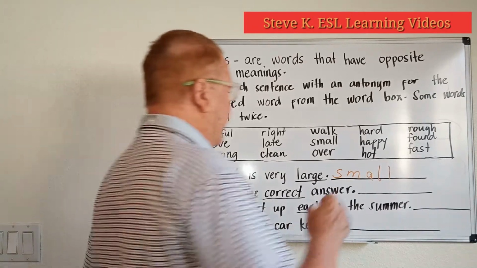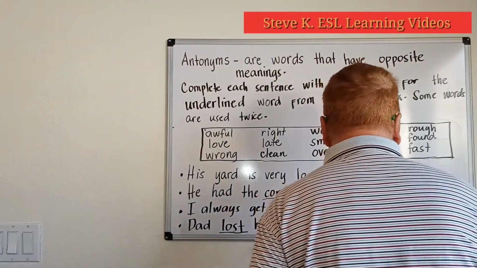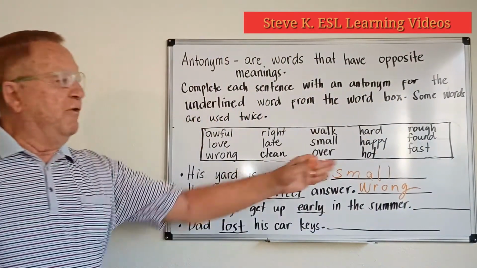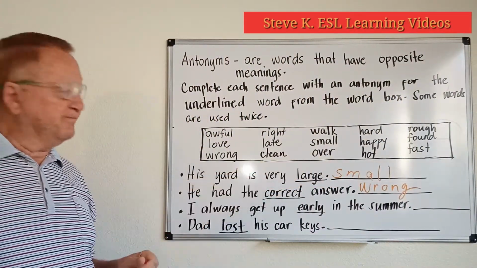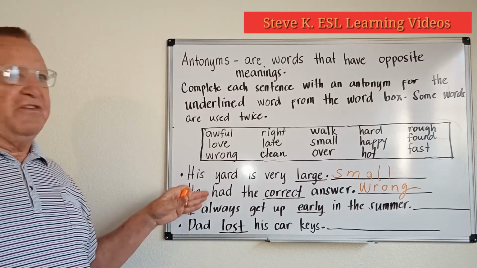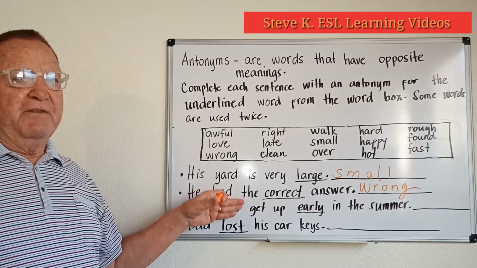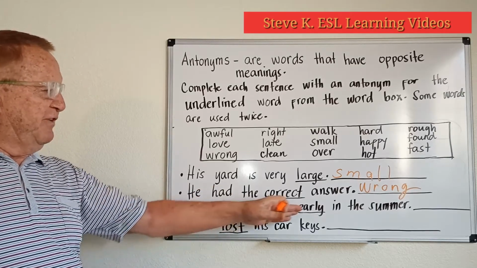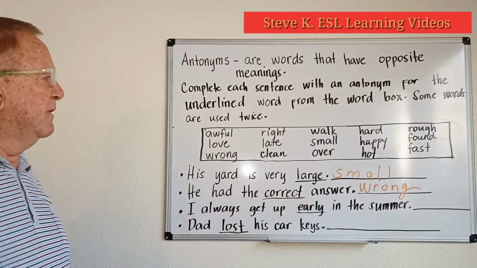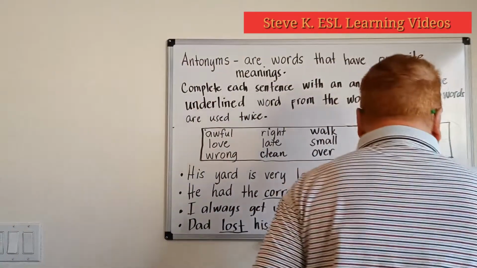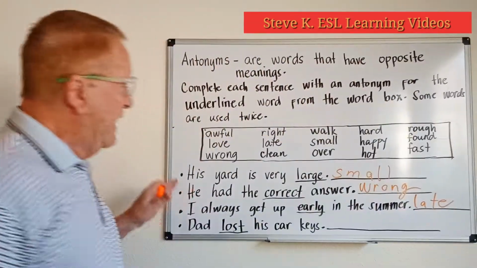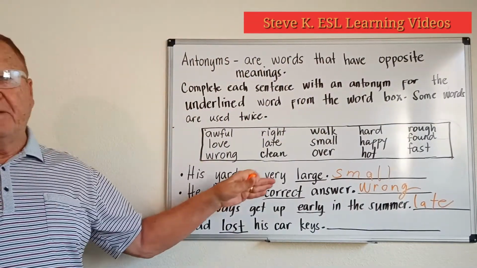Okay, so the correct answer is wrong. He had the wrong answer. The next one, I always get up early in the summer. What would be an opposite word meaning of early? Okay, it would be late. I always get up late in the summer.